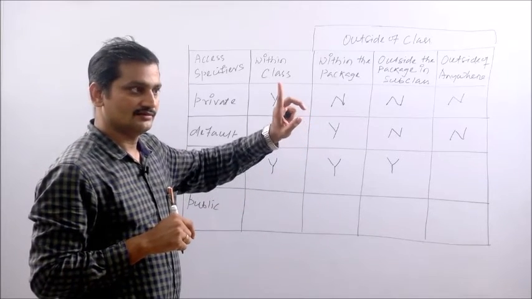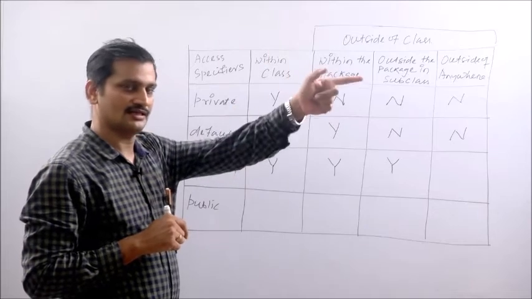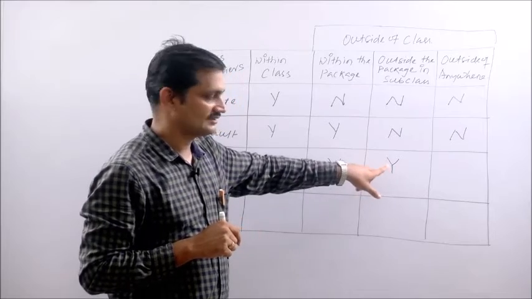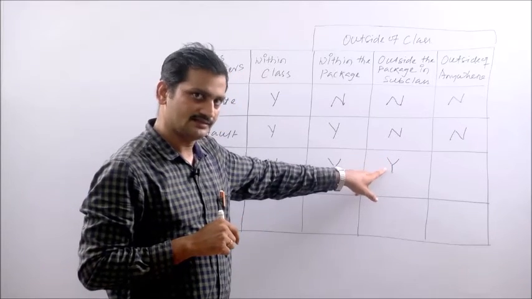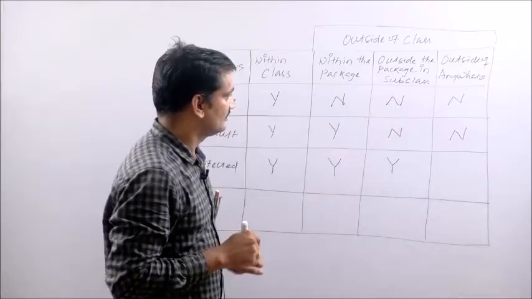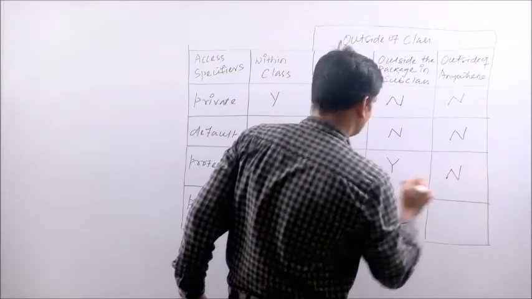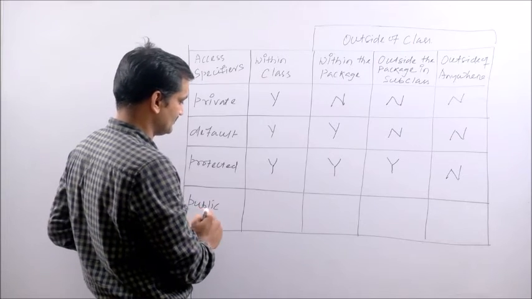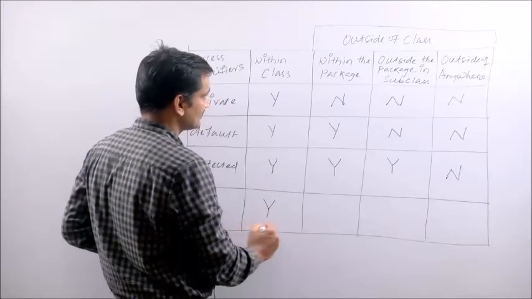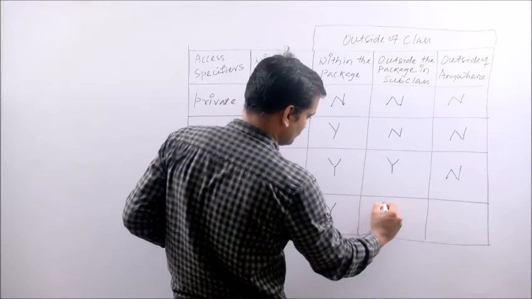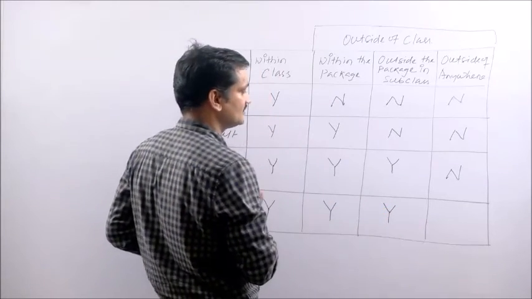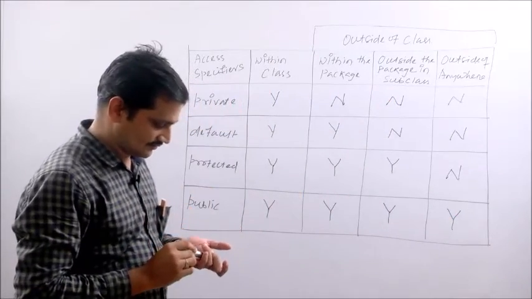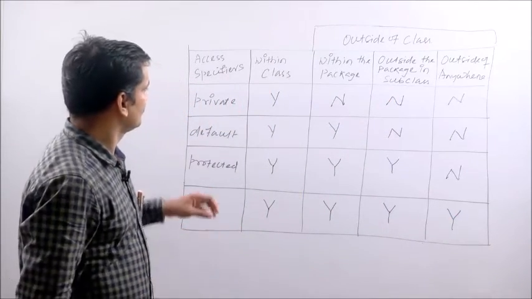If the member belongs to a superclass, you can access it in one of its subclasses outside of the package, but not anywhere else. But if you define any member with the public access specifier, it could be accessed within the class, within the package, outside of the package in a subclass, and anywhere outside.